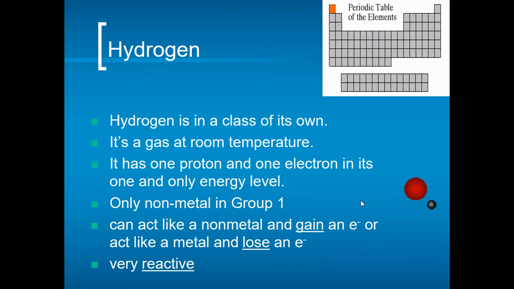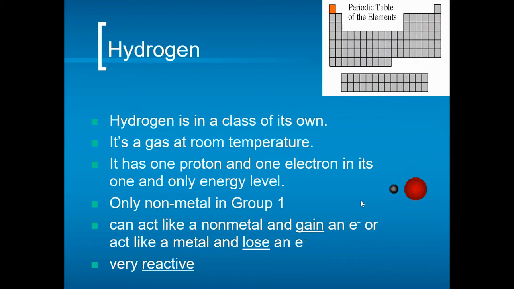If it gains an electron, it's behaving like a non-metal. Non-metals are the ones that gain an electron. But it can also lose an electron, which makes it act like a metal. So it can get a +1 charge if it's acting like a metal and losing an electron, or it can get a -1 charge if it's gaining an electron.